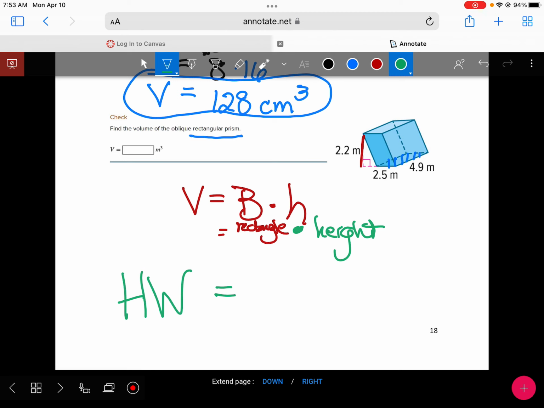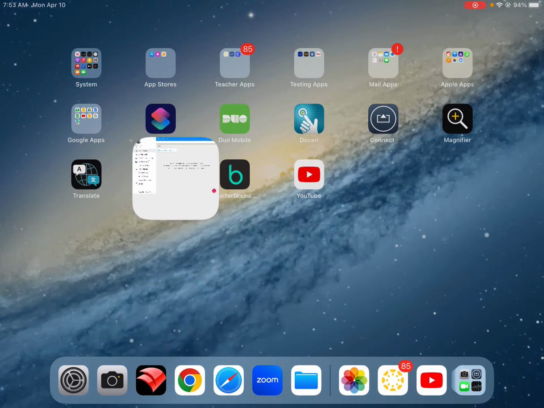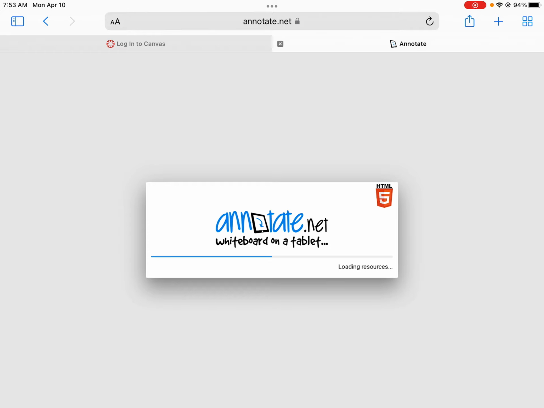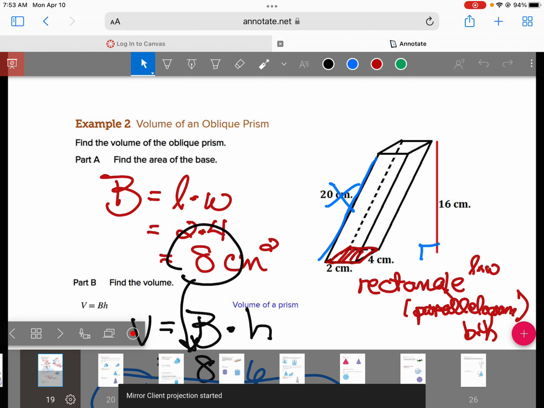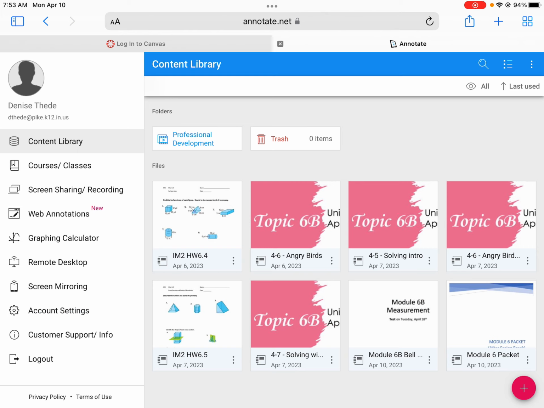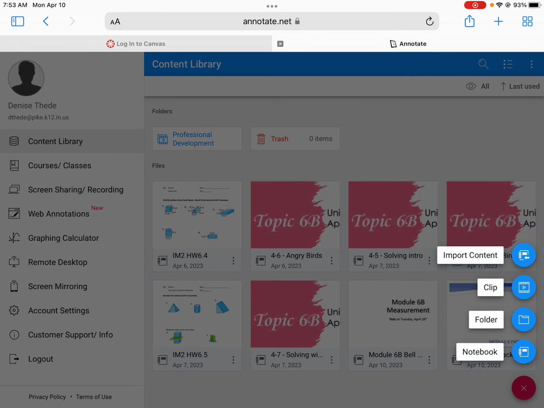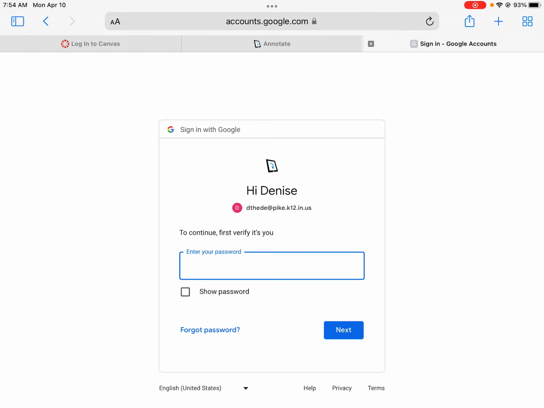All right, so let me do number 3 with you because that's that triangular prism. Oh shoot, I didn't want to get rid of that. And I don't know if I have that one. What is this? 6.6. All right, I gotta upload it really quickly.